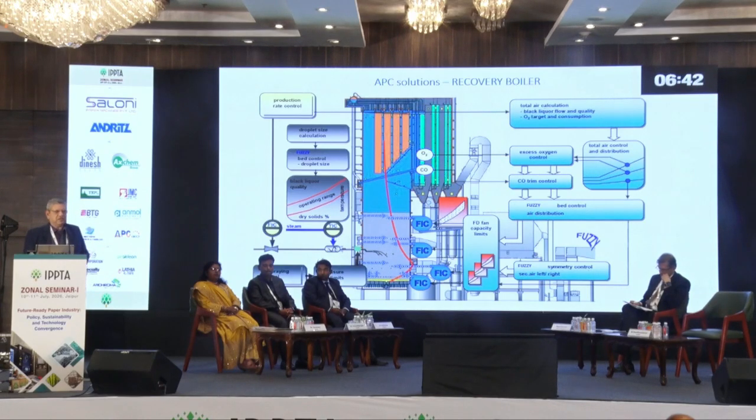One is the bottom reduction efficiency, and the top one is the steam generation. If you are able to have combustion control, steam generation is better. If you are able to have a good combustion from the primary air point of view, then reduction efficiency is taken care of better. So this is very important. We can have a detailed session because the time is limited.